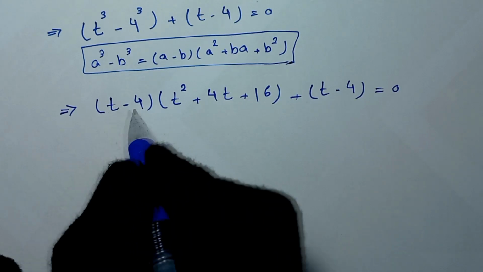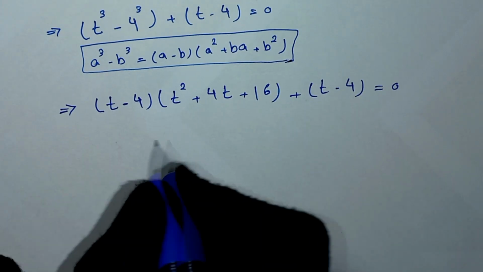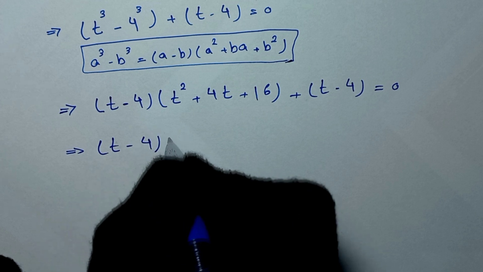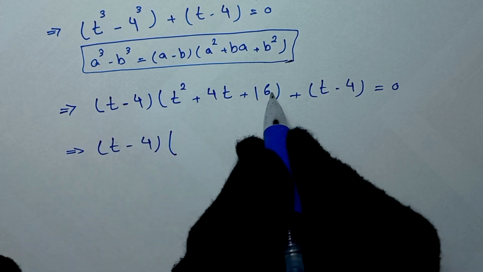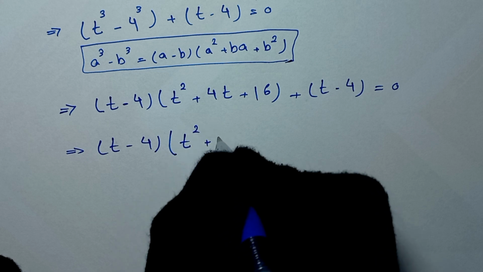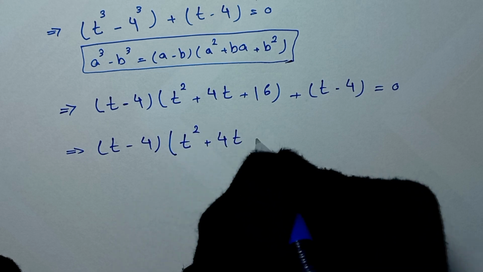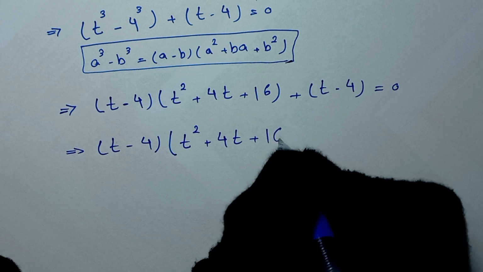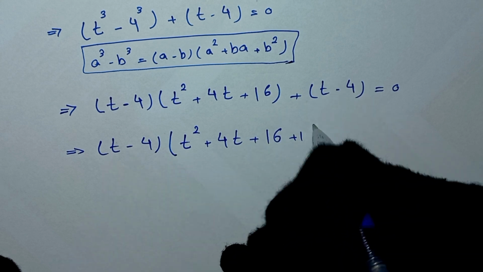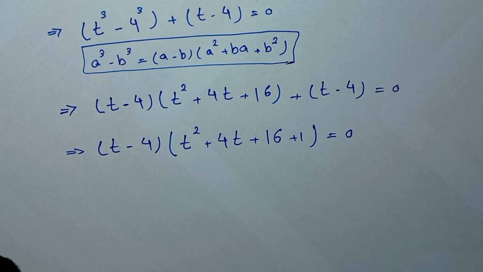Here t minus 4 is common, so we factor t minus 4, and for this part it will be t squared plus 4t plus 16 plus 1 is equal to 0.